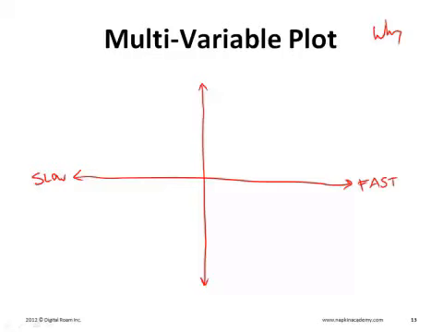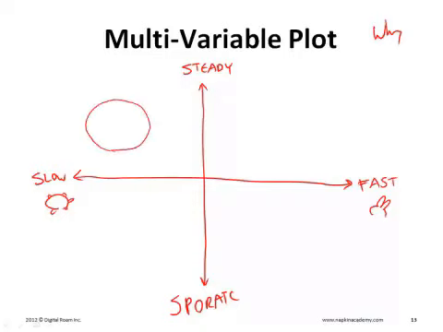So we had one character who was slow, our turtle, and we had one character who was fast, our hare. But then on the vertical axis, let's plot out something else. Let's plot out steadiness versus sporadic. And what we find is that the turtle sits firmly in this quadrant right here, slow and steady. And the hare fits firmly in this quadrant right here, fast and sporadic.